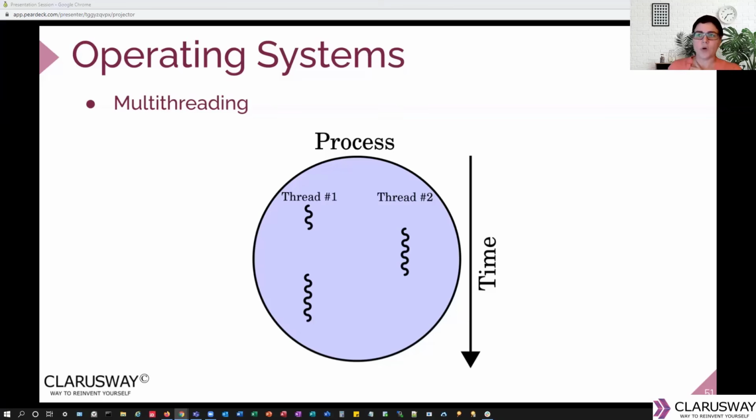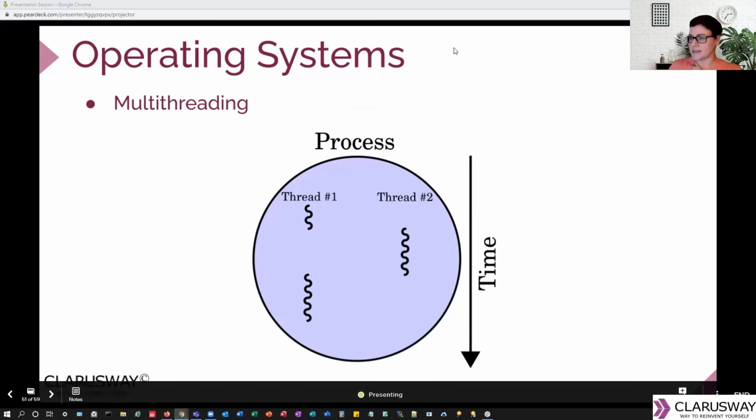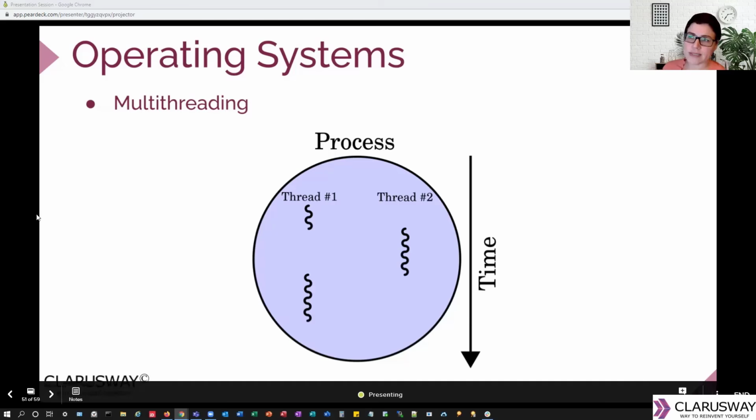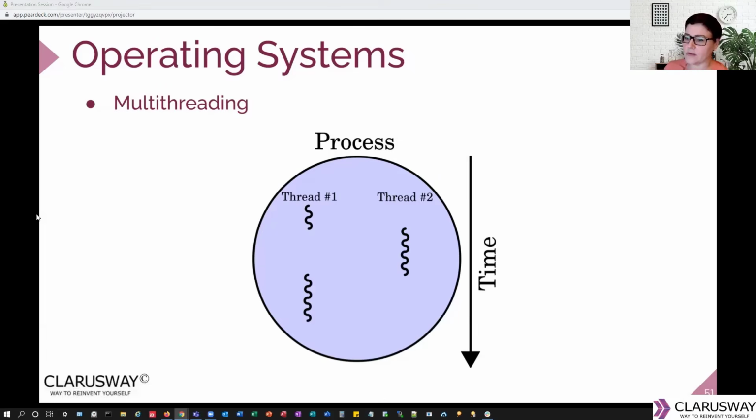So multi-threading, you can hear it referred to as operating system technology. You can also hear it referred to as server technology, or CPU technology. But essentially, a practical example of multi-threading is in the application that I work with, Oracle EBS, there is a payroll process.